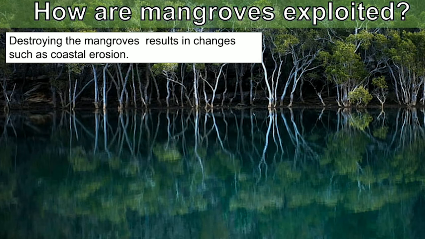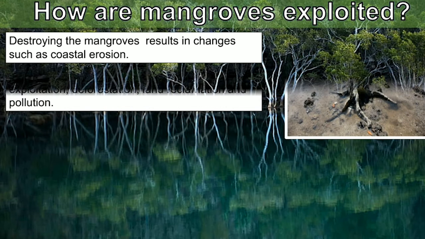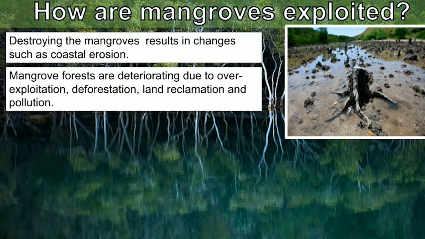Mangrove forests are deteriorating due to overexploitation, deforestation, land reclamation, and pollution. Overexploitation for timber has been one of the factors of destruction of mangroves.